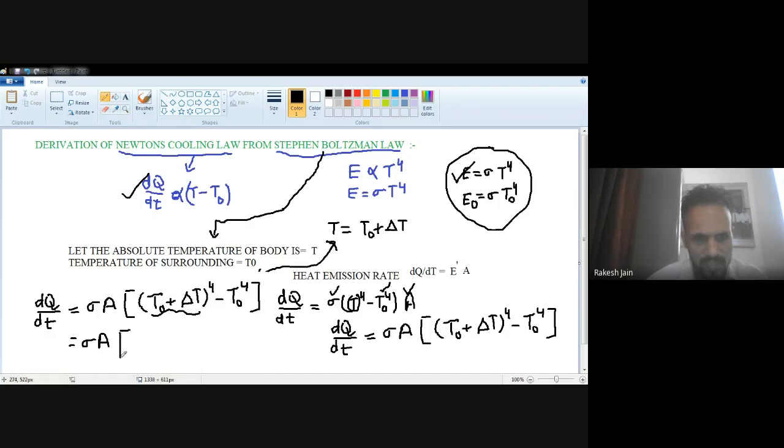When I take this T0 as common, T0 will be outside because the power is 4. Because this power is 4, that's why T0 raised to the power 4 will be moved externally. And in the place of T0, 1 will be there, plus ΔT upon T0, which together have the power of 4, minus T0 raised to the power 4.